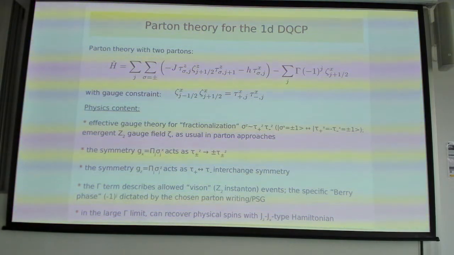There is a specific choice of PSG for this fractionalization that will give exactly this structure for the effective theory, where the emergent gauge field has instantaneous events allowed in exactly this way. So one can really interpret this as an effective gauge theory for fractionalizing the magnetic order parameter.